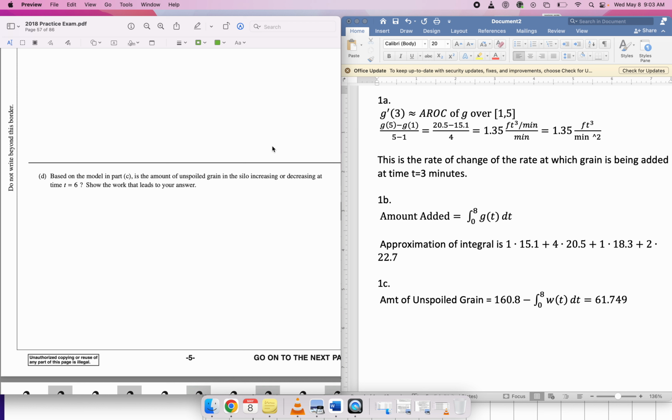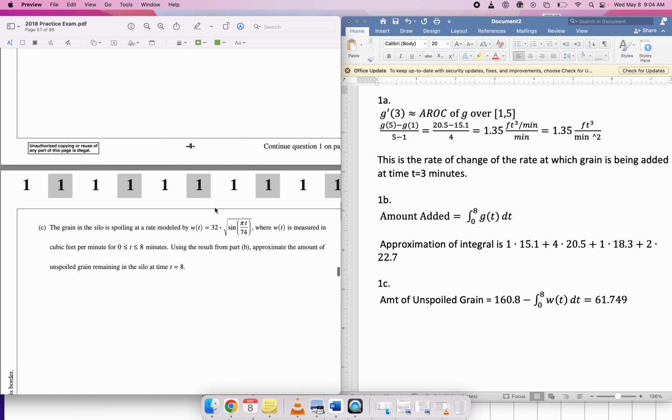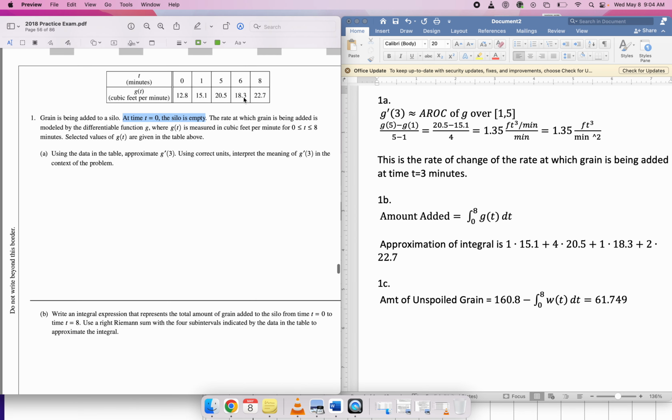Part D, based on the model in part C, is the amount of unspoiled grain in the silo increasing or decreasing at time t equals 6? So we know that at t equals 6, we actually know what the rate in function is.